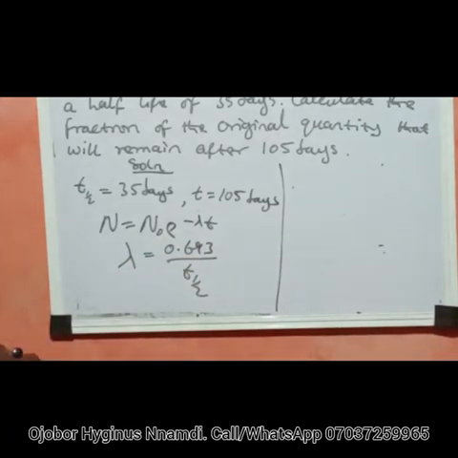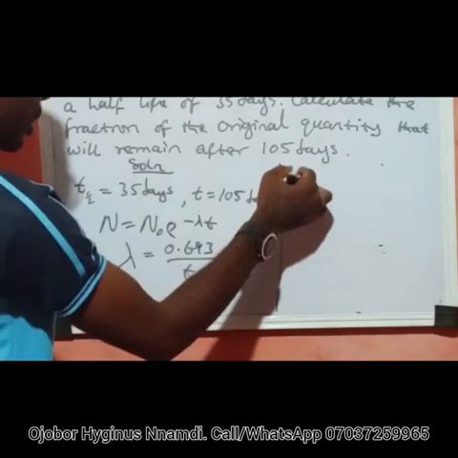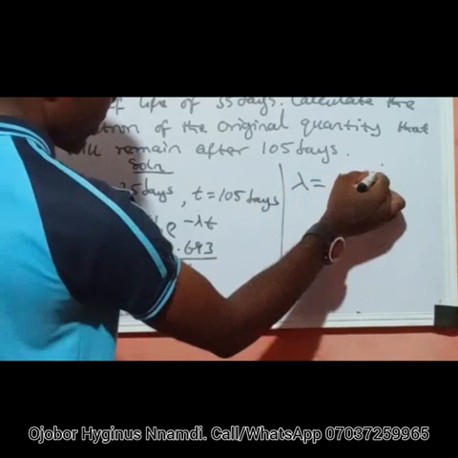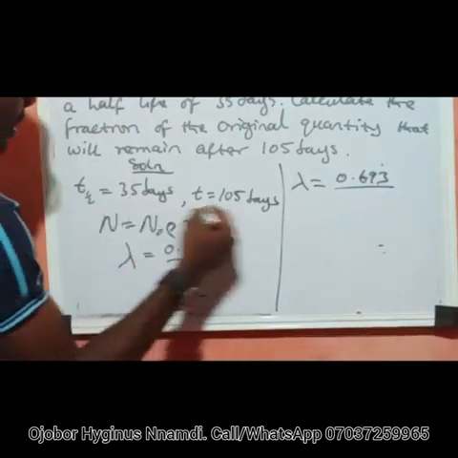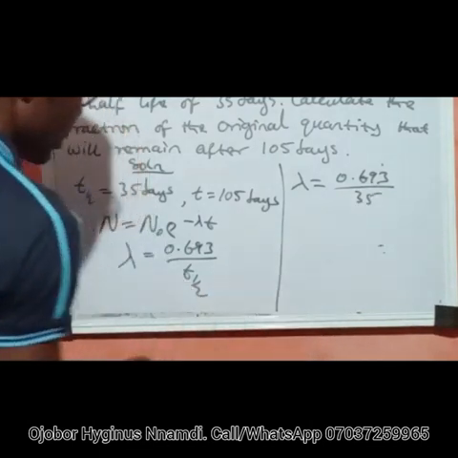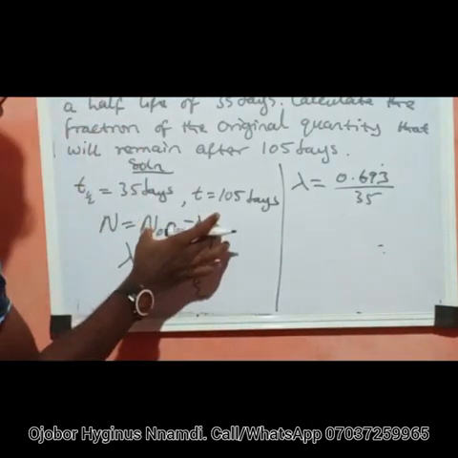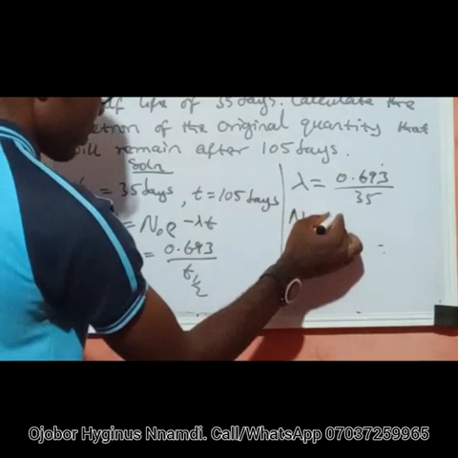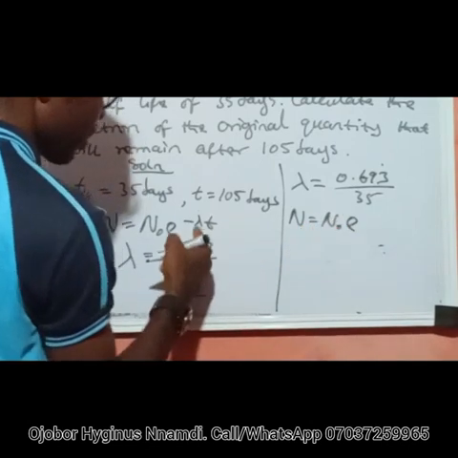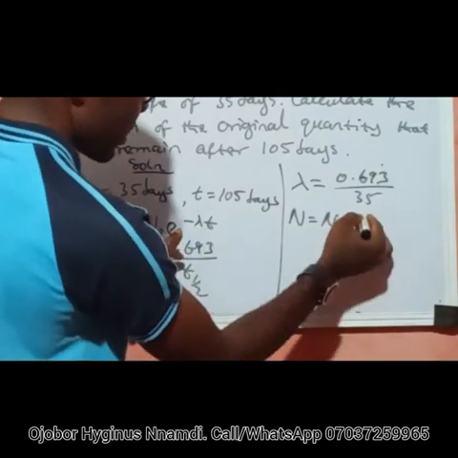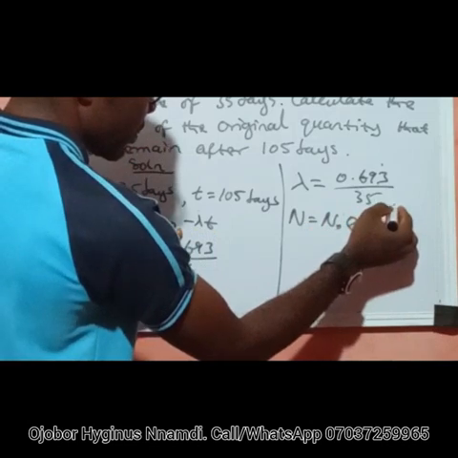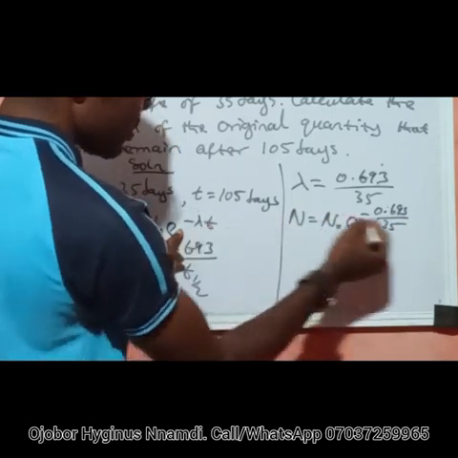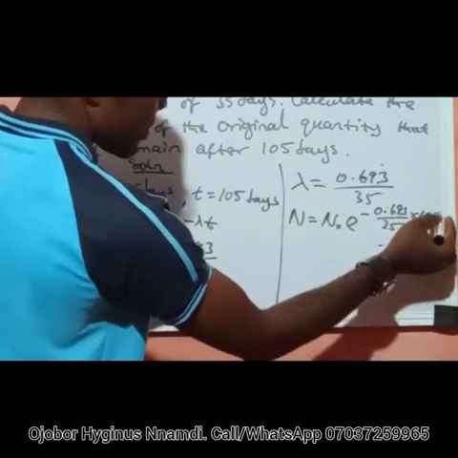Remember that I gave you that. So it means that decay constant lambda is equal to 0.693 divided by half-life, giving us 35. If we put that into this formula, we are going to have that N equals N naught exponent, instead of minus lambda, we'll now have minus 0.693 divided by 35, then times T, which is 105.